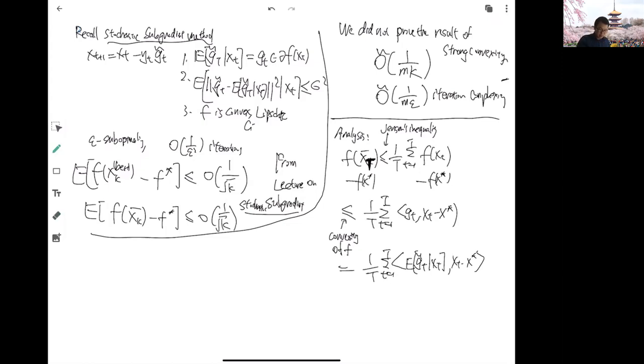Since everything is linear, we can exchange the order of this inner product with this expectation. So we can extract it out and get 1 over t times the sum from t equals 1 to t of the expectation of the inner product g tilde_t, x_t minus x star, given x_t.